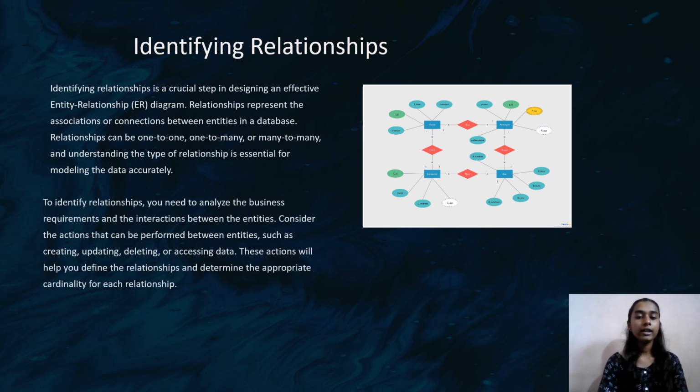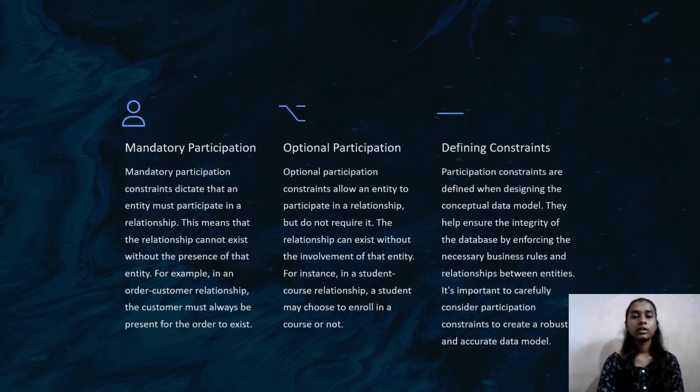To identify relationships, you need to analyze the business requirements and the interaction between the entities. Consider the actions that can be performed between entities, such as creating, updating, deleting, or accessing data. These actions will help you to define the relationships and determine the appropriate cardinality for each relation.